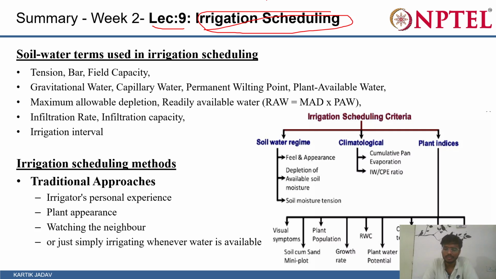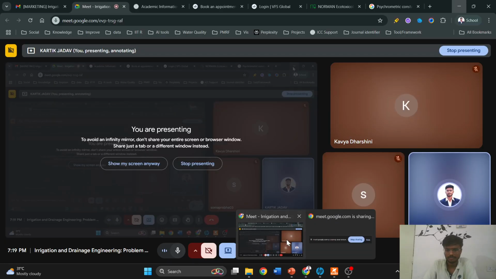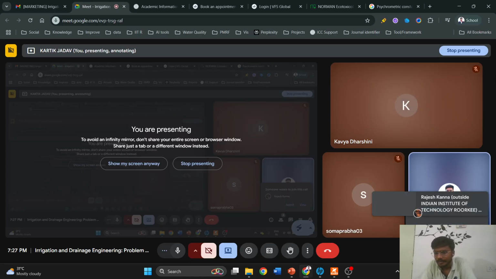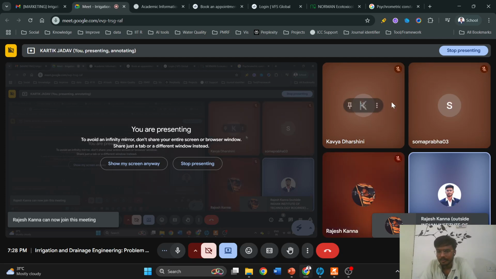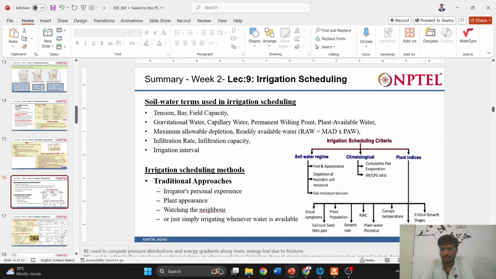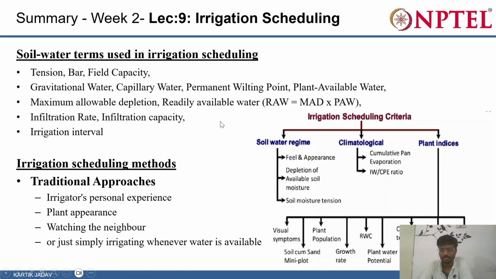Generally, we are using various soil moisture measurement techniques that we have already discussed in lecture number 4 of the first week. And then there are certain plant-based methods, that is, methods based on plant water requirement, like based on plant temperature and plant leaf water content.